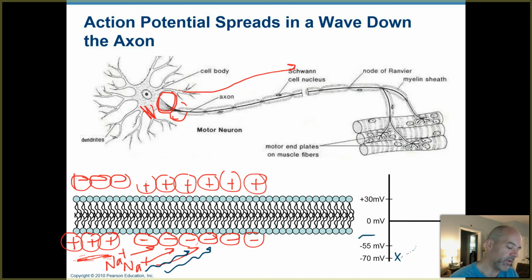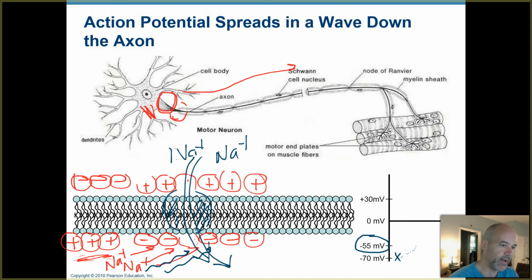What's going to happen if it hits -55? You get enough of those sodium ions over there, you're not going to be at -70. You're eventually going to hit -55. That's your threshold voltage. So in this area, you've got those voltage-gated sodium channels, and when you hit -55, they're going to open up, and sodium ions out here come rushing really quickly inside the cell.